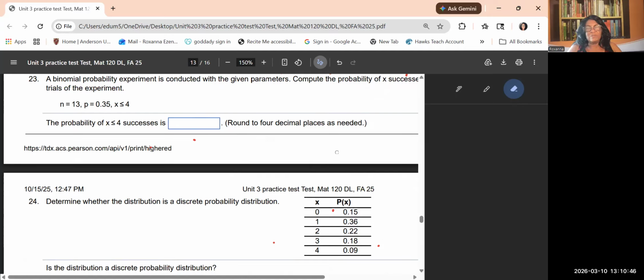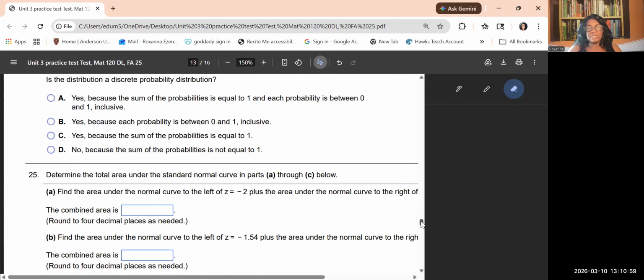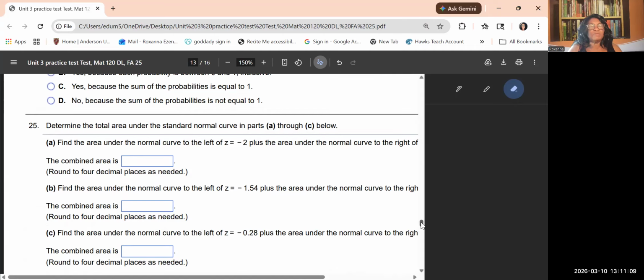All right, the next thing we want to do now is get a question on normal distribution, so we can refresh our memory before we get into central limit theorem. So let's look at question number 25.